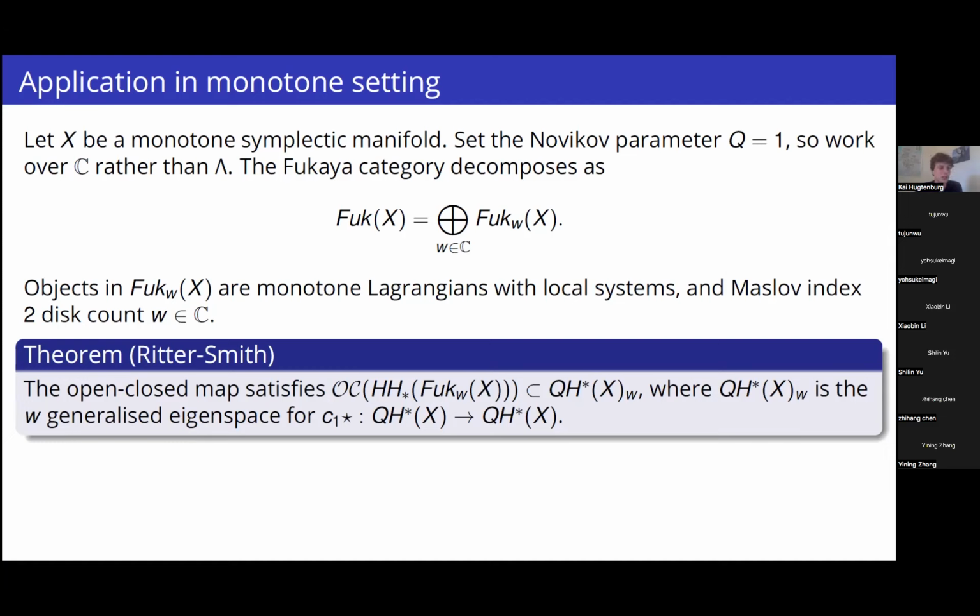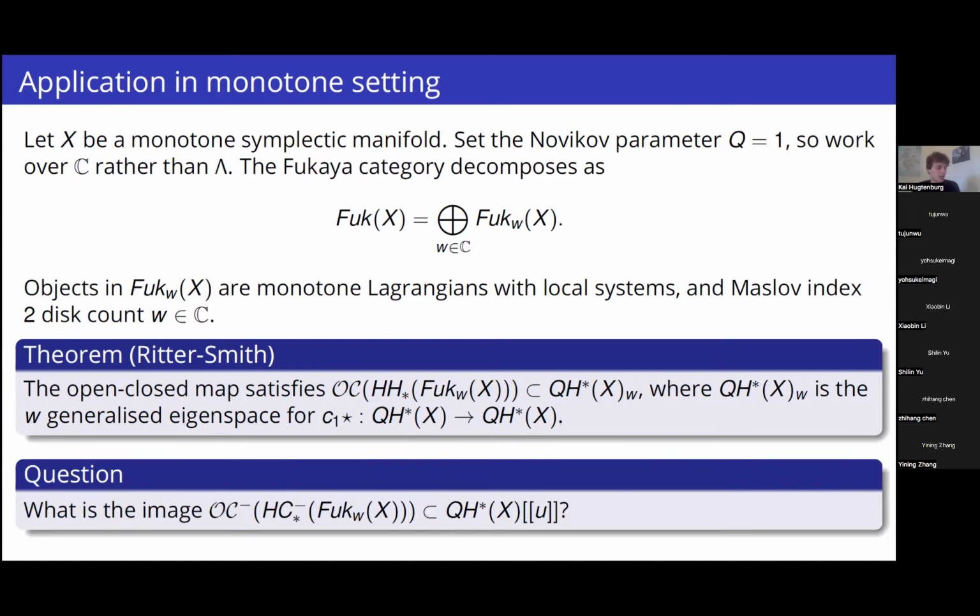So this gives a relation between Lagrangians with value of the superpotential W and quantum cup product by c_1. My question is, what is going to be the image of the negative cyclic open-closed map applied to the cyclic homology of one of these pieces? So how does this decomposition vary as we vary u?